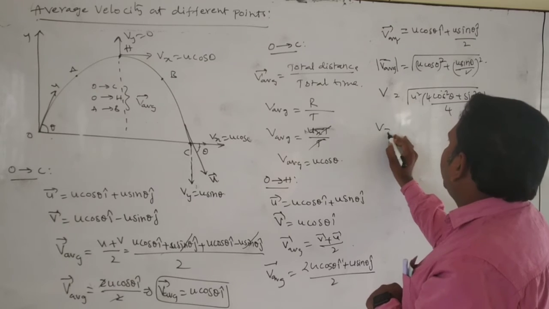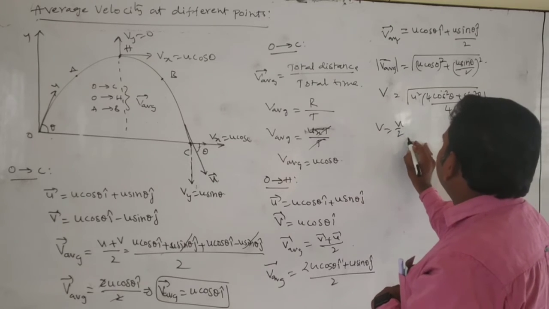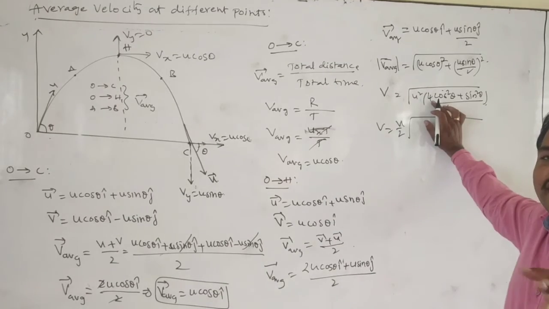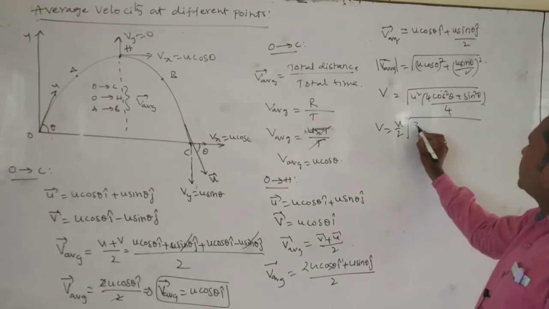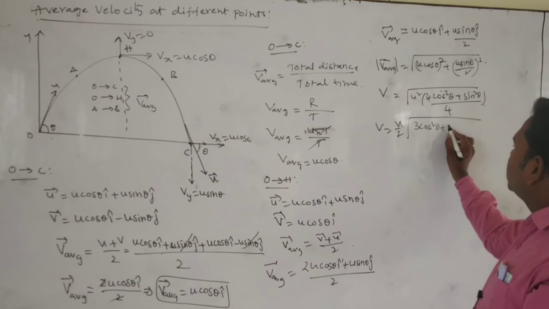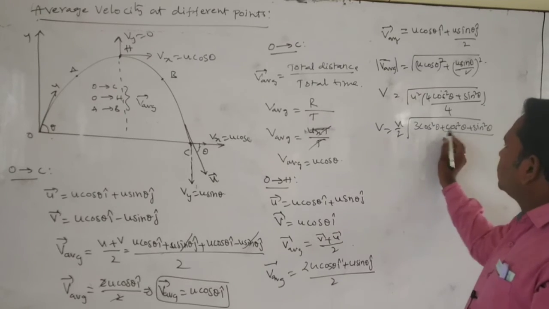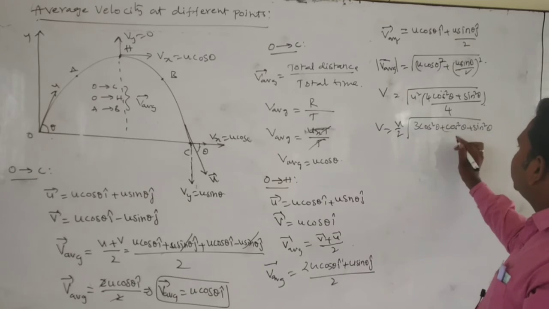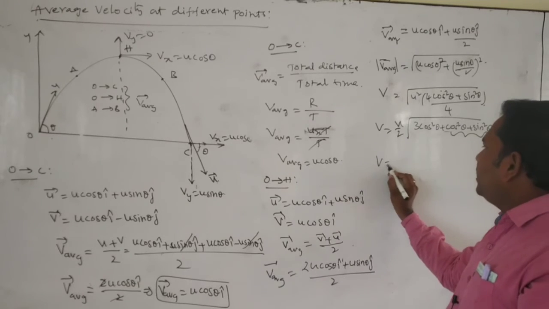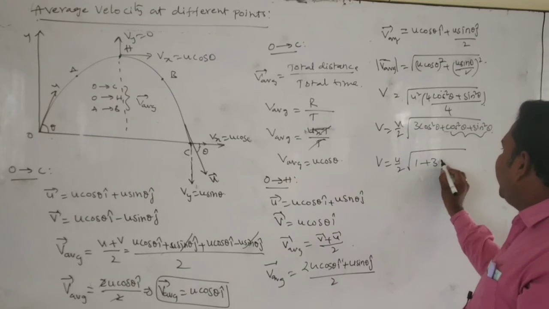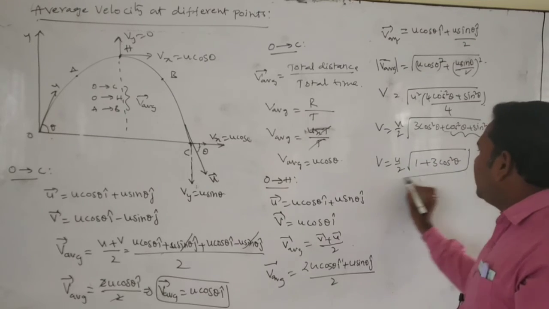So by taking common u by 2, root over 4 cos square theta can be split into 3 cos square theta plus cos square theta. So 3 cos square theta plus sin square theta, this can be written as 1. Now v is equal to u by 2 root over 1 plus 3 cos square theta, is the answer.